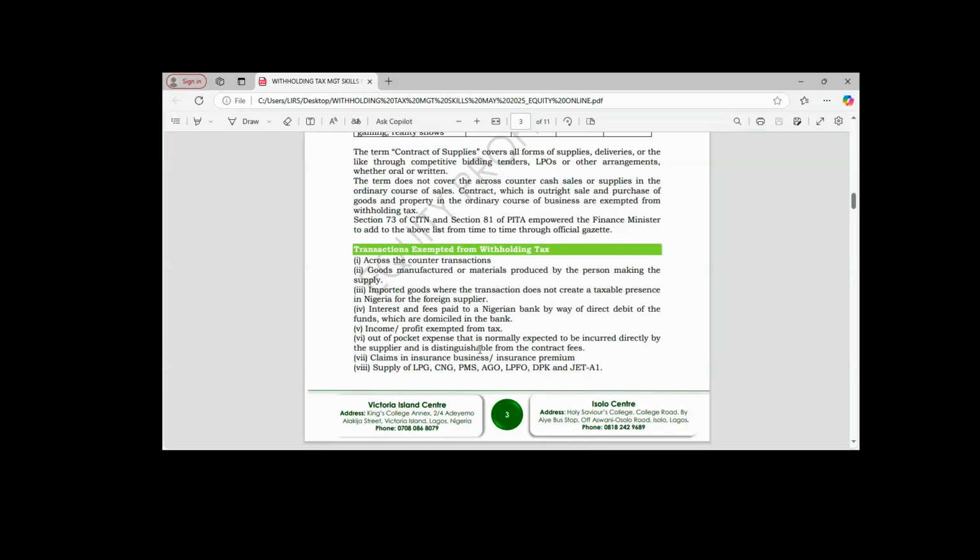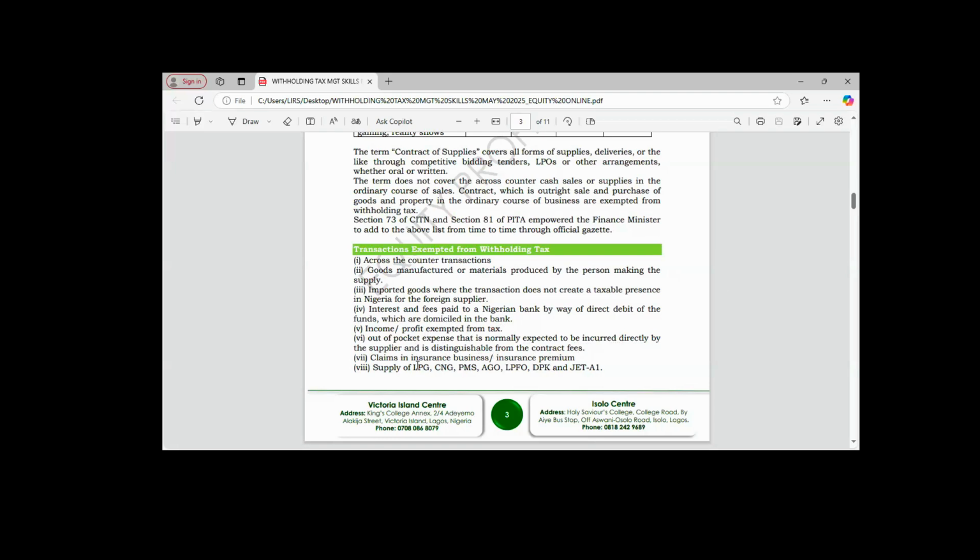Also, out-of-pocket expenses that are normally expected to be incurred directly by the supplier and are usable from the contract fee. So expenses that you use to carry out your day-to-day activity are not liable to withholding tax. Claims in insurance business, insurance premium: any premium you pay, when you are paying it, no withholding tax will be charged on it, or when they pay you a claim.